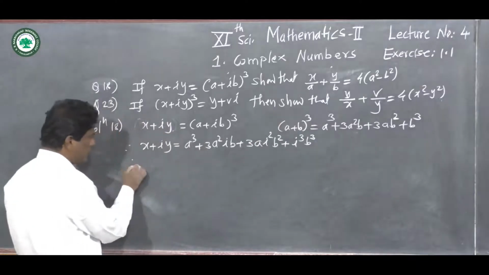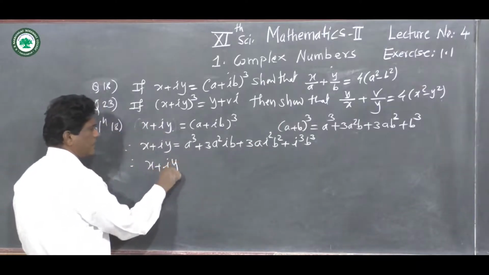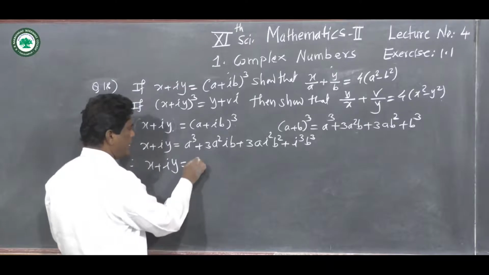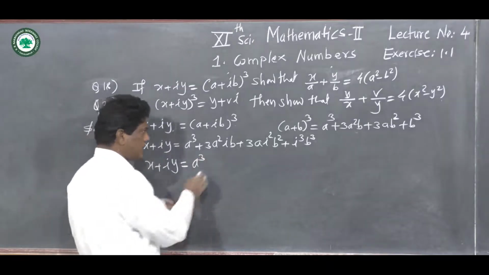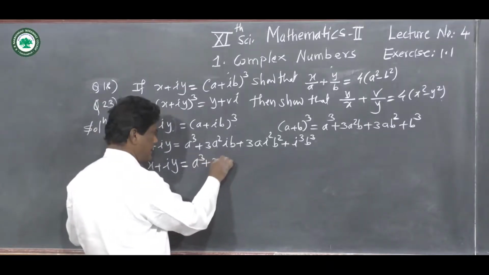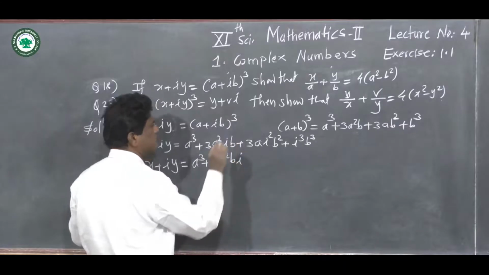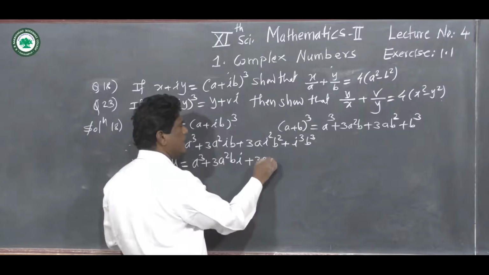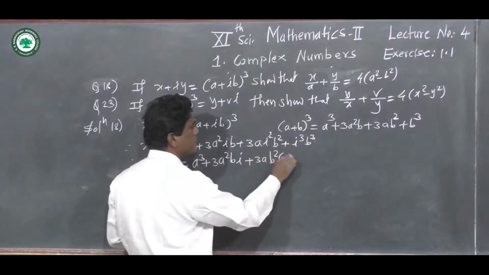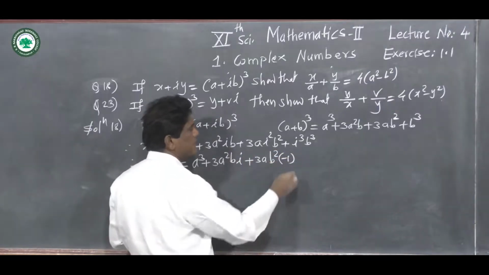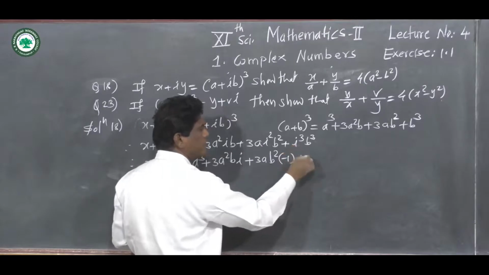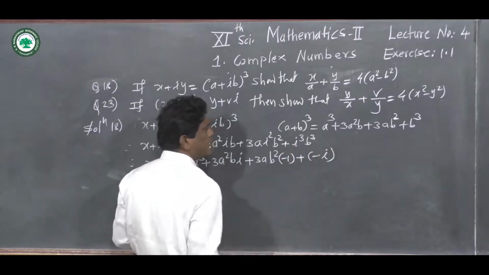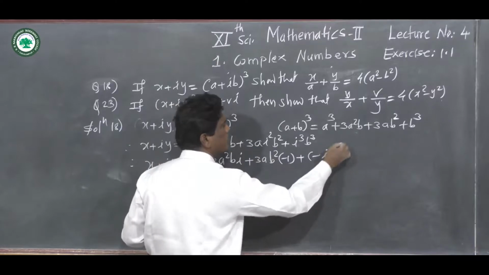So we get x + iy is equal to a^3 as it is, plus 3a^2 b into i. Now here i^2 is minus 1, so plus 3ab^2 into minus 1, and i^3 is minus i, so minus i b^3.